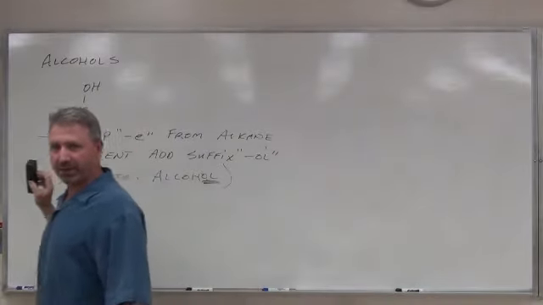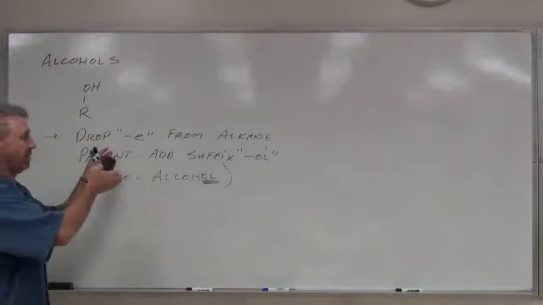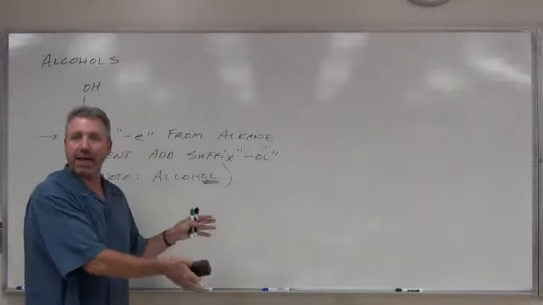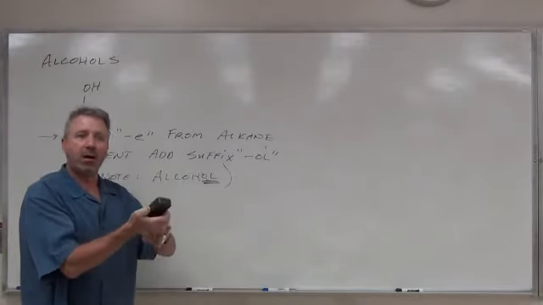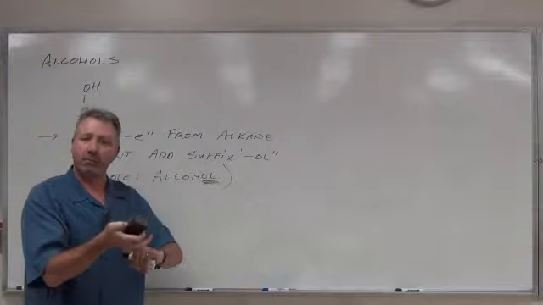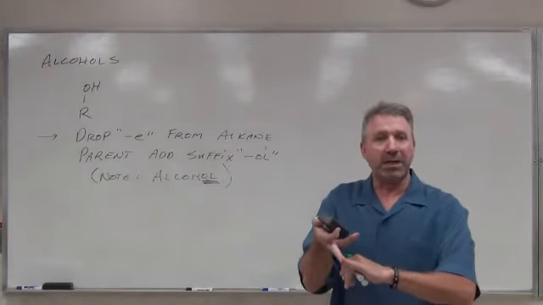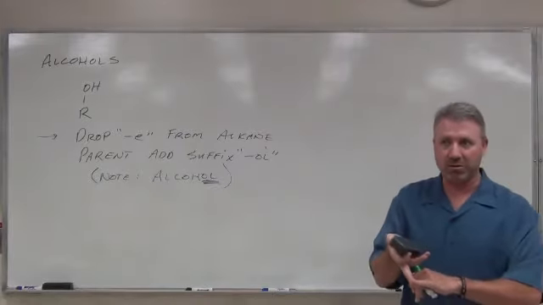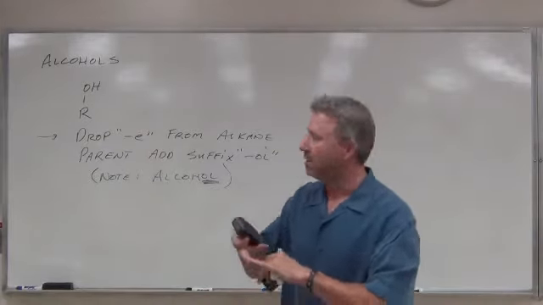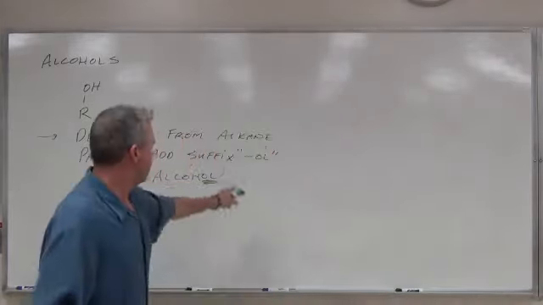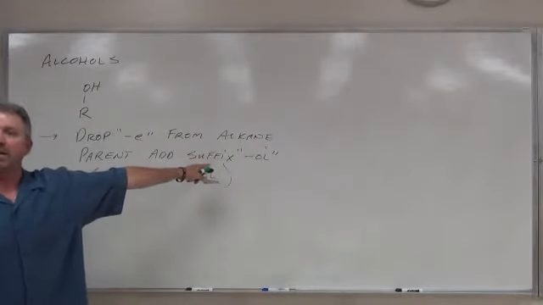Okay, everybody good? You see how everything relates to that alkane protocol? I mean, longest carbon chain, number the chain properly, put the lowest number on the functional group, locate all the substitutions using the carbons that they're attached to, name it. And then we got the little kicker in here that's got the ending.